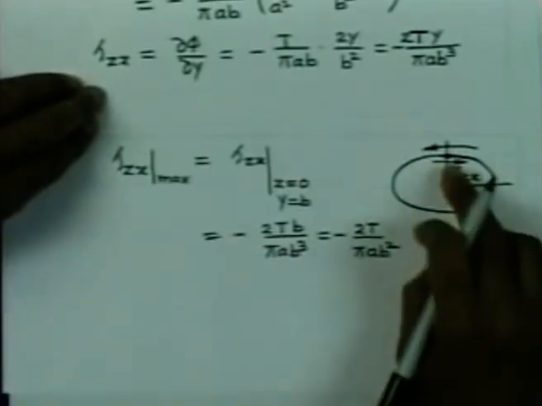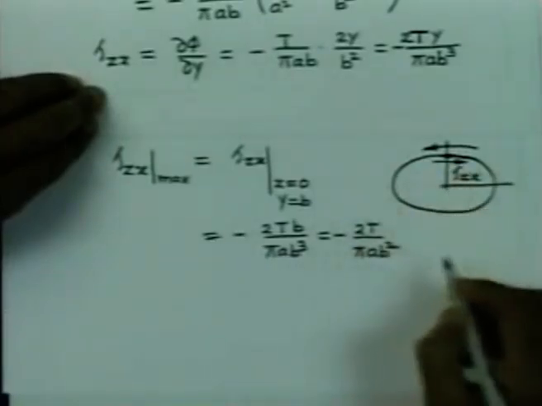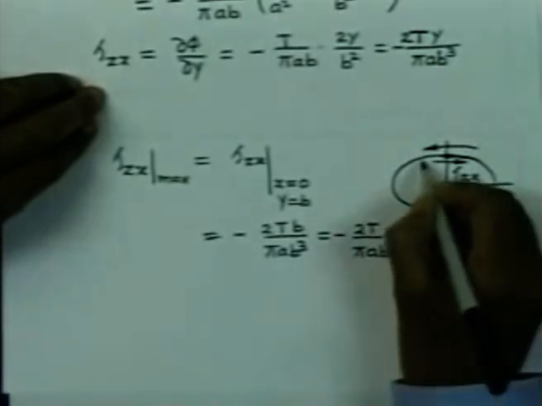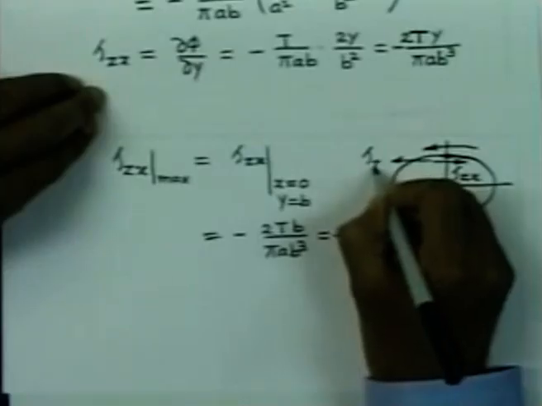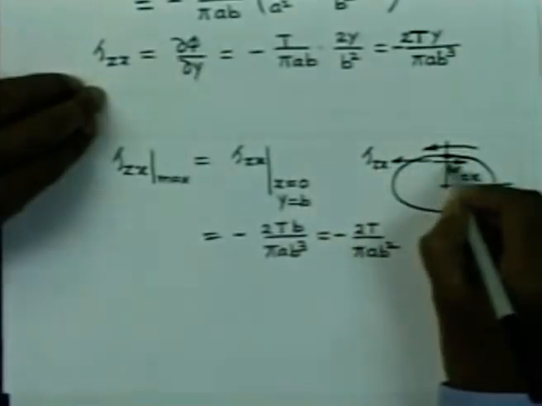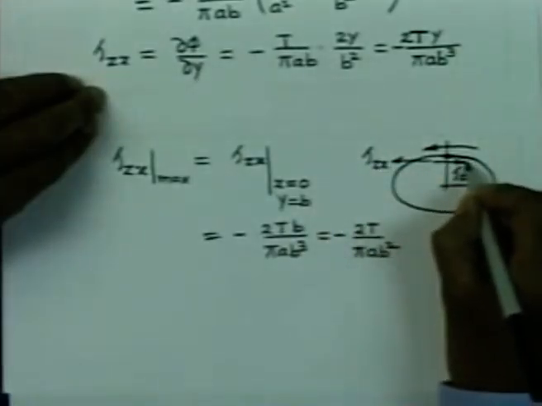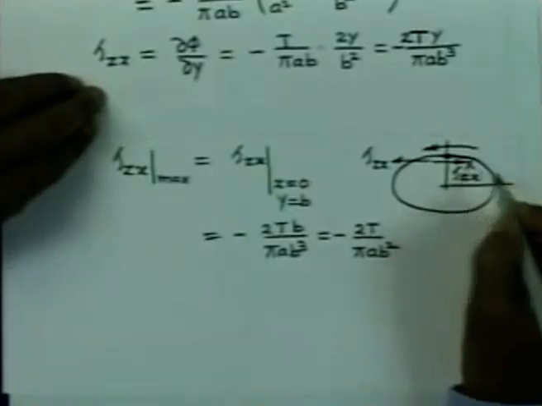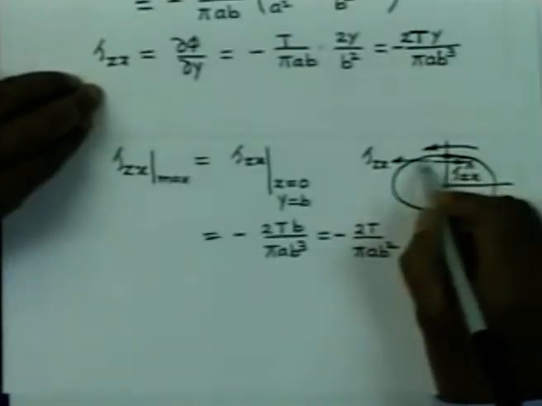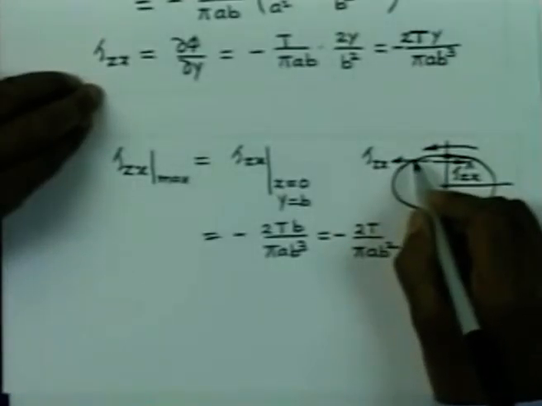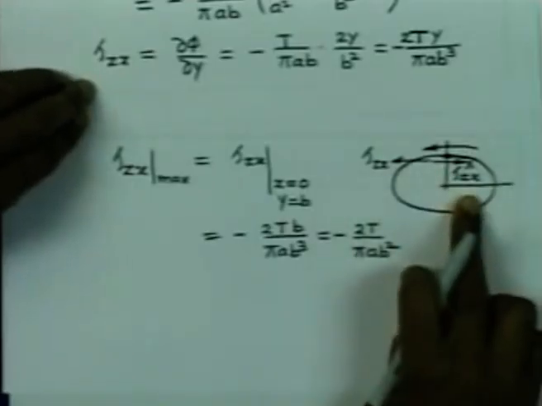So, the actual direction of the stress is going to be in the opposite direction. So, this is really the direction of the stress tau zx, and this direction is not really correct. It is in conformity with the torque direction, that it should be towards negative x. So, that is the point you must note.